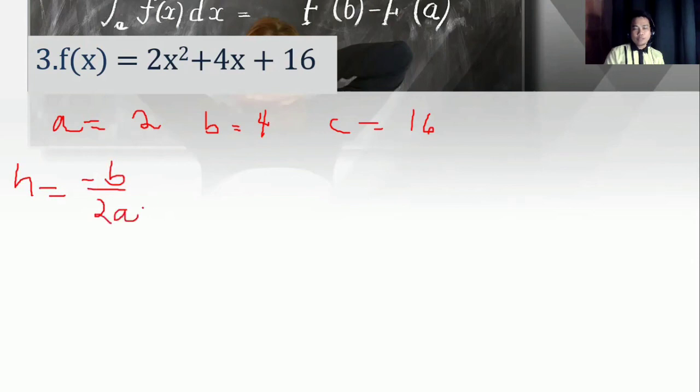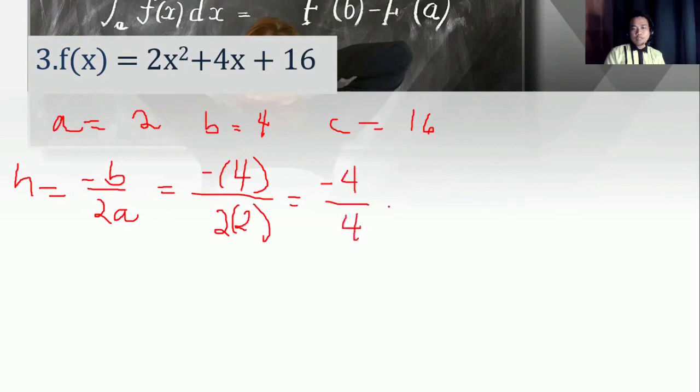Substitute the given values of a and b to the given formula. So negative times b, which is 4, all over 2 times the value of a, which is 2. So negative 4 over 2 times 2 is 4. So h is negative 1.